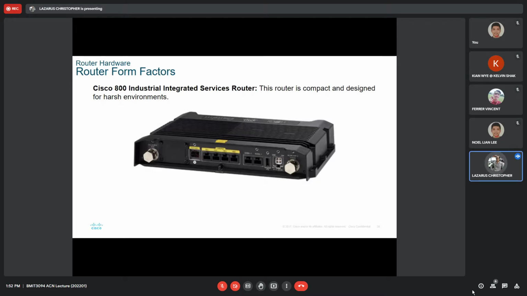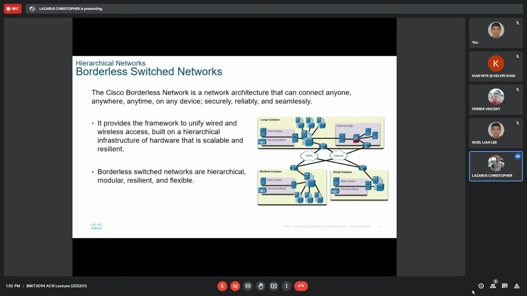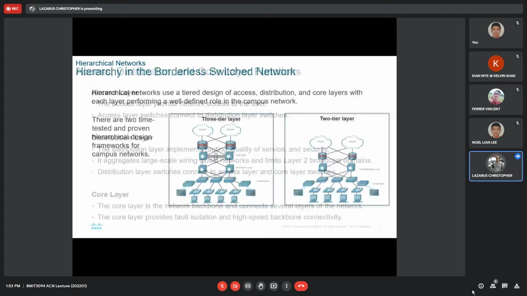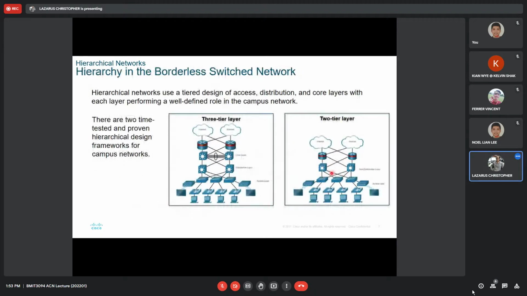So again, I will bring you back to the earlier slide, or maybe this one. The hierarchy, right? You can see what kind of switches you purchase at the access layer, what kind of switches you buy at the distribution and core layers, and then routers. Three-tier is for slightly larger networks compared to two-tier. In two-tier, you don't have separate core and distribution, which means you combine them together.